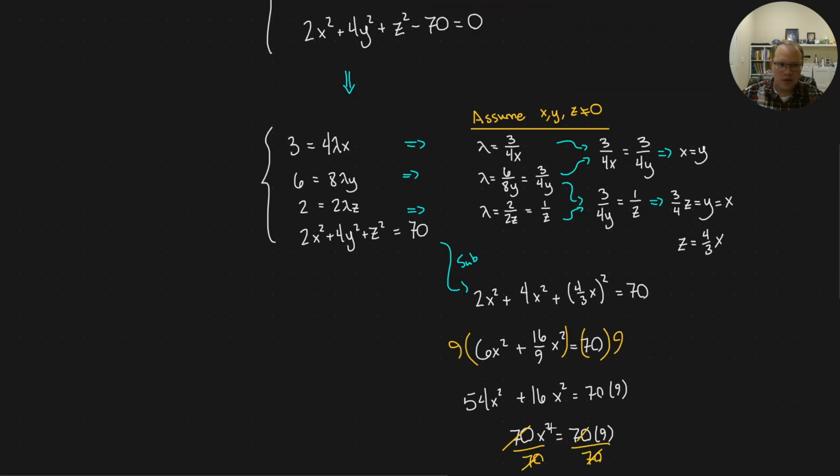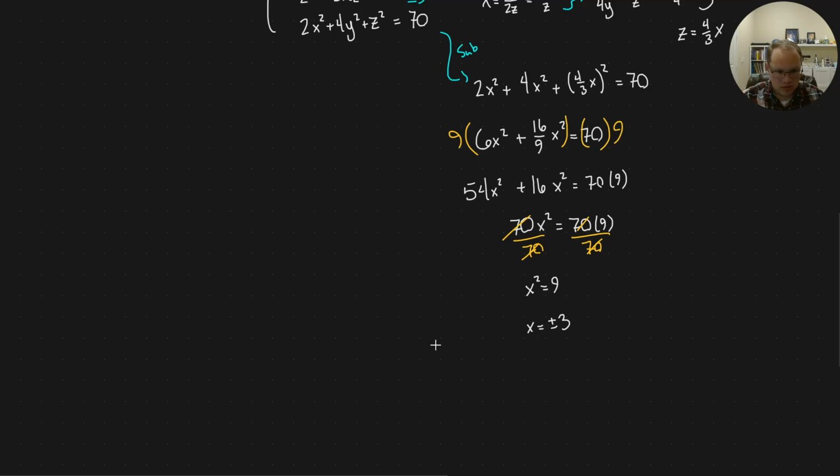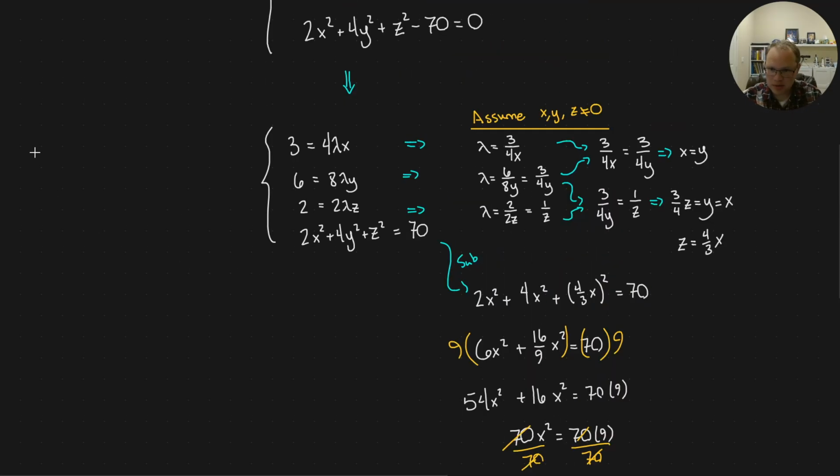Okay? All right. We know x and y have to be equal. So let's start listing our possibles. x could be 3 or it could be negative 3. And I know x and y have to be equal. So if x is 3, then y has to be 3. If x is negative 3, y has to be negative 3.